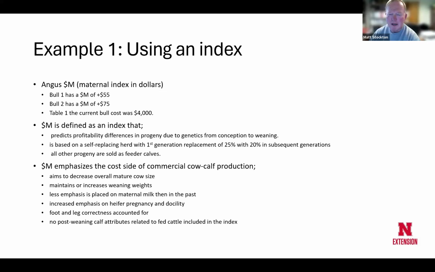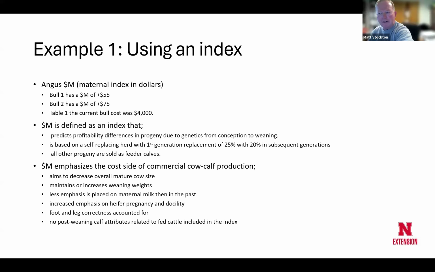So let me get this straight, Randy, so I understand. Basically, Bull 1 has an index that says I get $55 more than the average bull if I use it on cows of like genetics. Exactly. And the same with Bull 2.